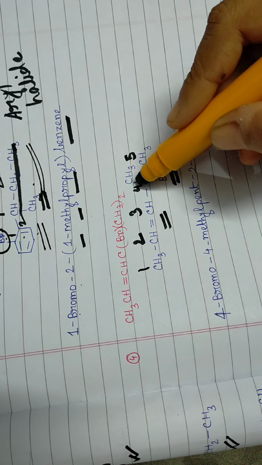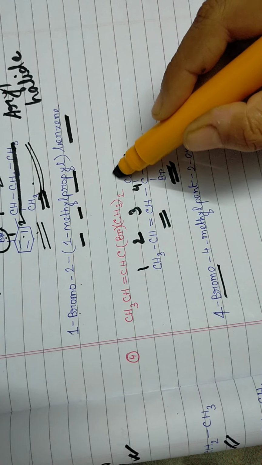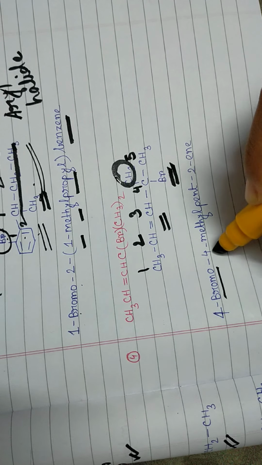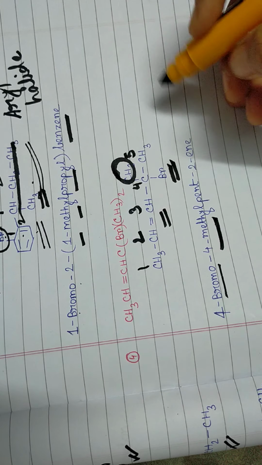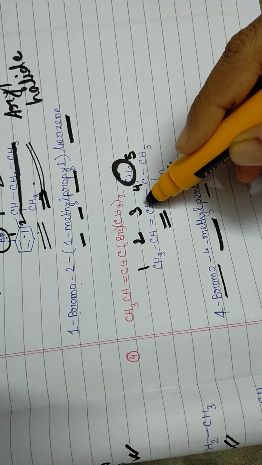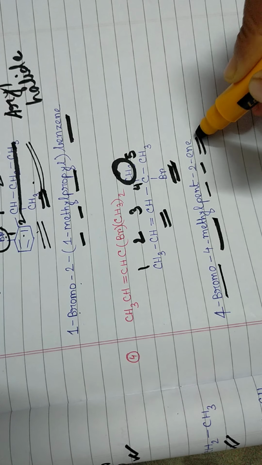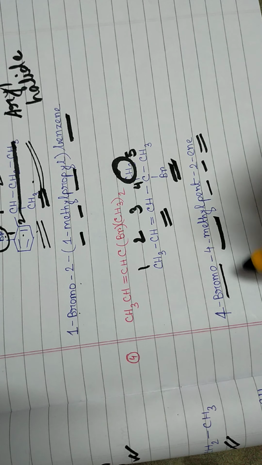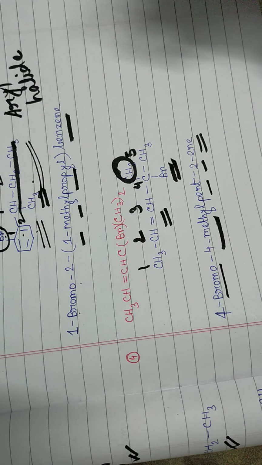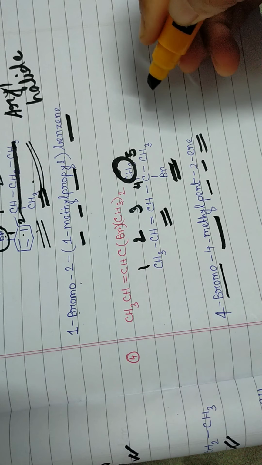So at first 4-bromo, then there is one methyl group which is written as 4-methyl, and for 5 carbons there is pent, and for the double bond position we have written 2, and for the alkene we have written ene. So this is the name: 4-bromo-4-methylpent-2-ene.